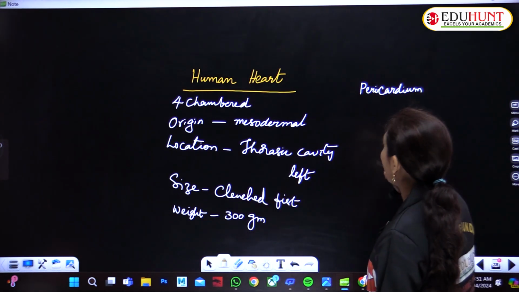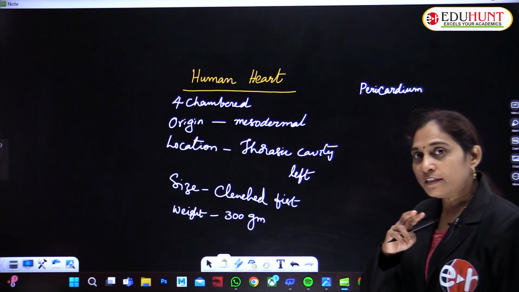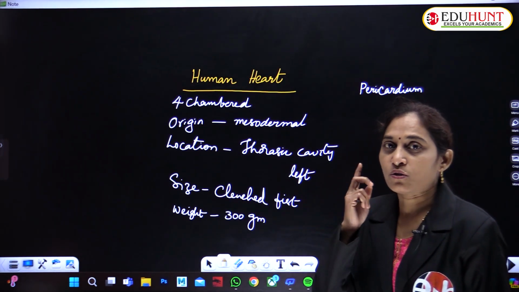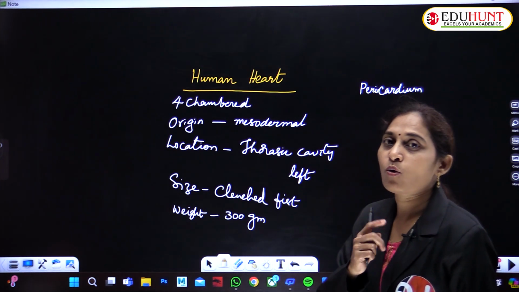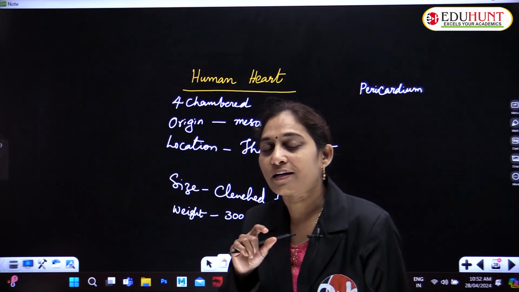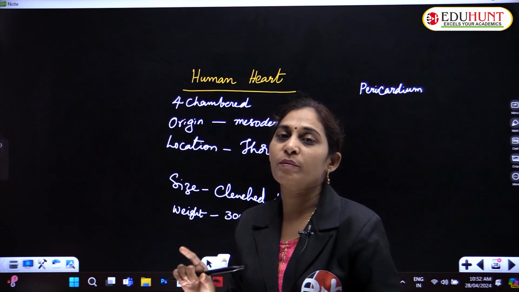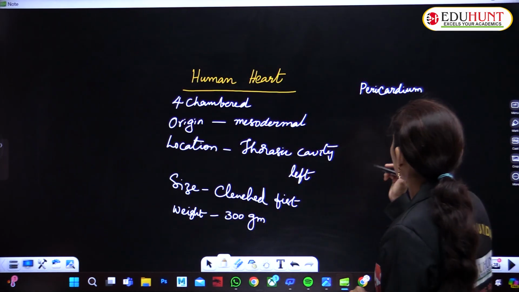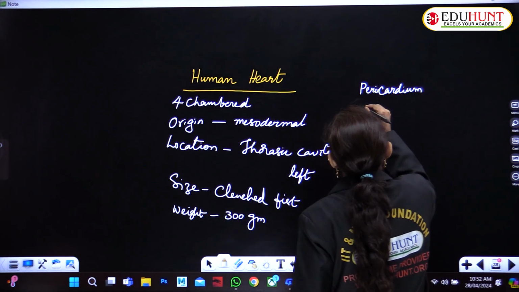And I said it is a double membrane structure. So the cavity that is present between these two membranes is known as the pericardial cavity.